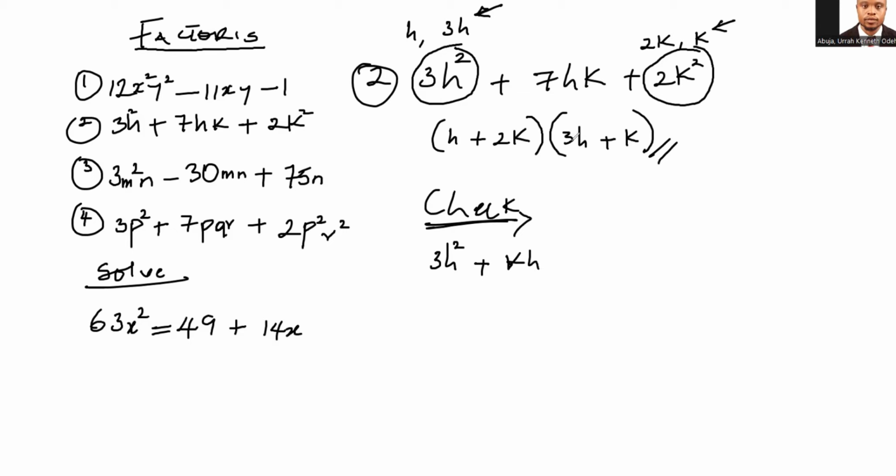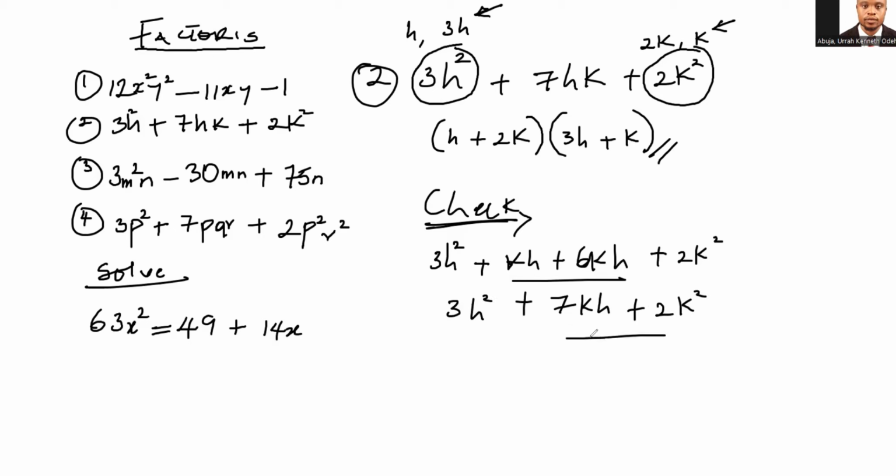Also 2k multiplied by 3h gives us 6kh. And 2k multiplied by k gives us plus 2k squared. So looking at the middle here, we have kh and 6kh, which gives us 7kh. So you can see we have exactly what the question asked.